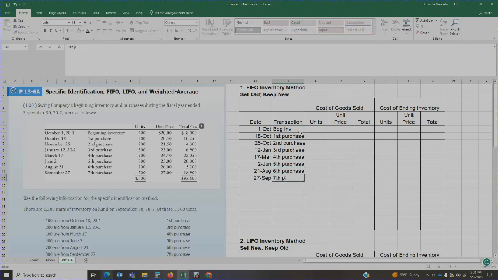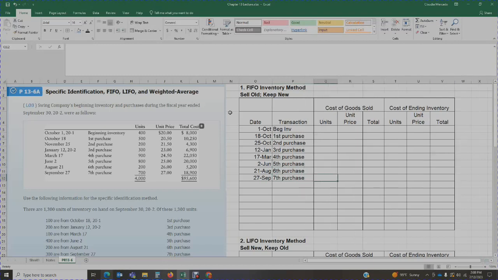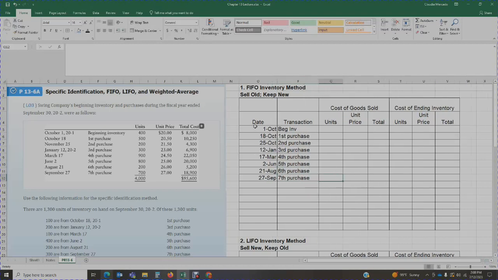So all I'm doing is copying my information from my table over here with data. Okay, so I've got the dates and the transactions. Okay, now I need to figure out, okay, for each of those items, did I sell those goods or do I still have them?